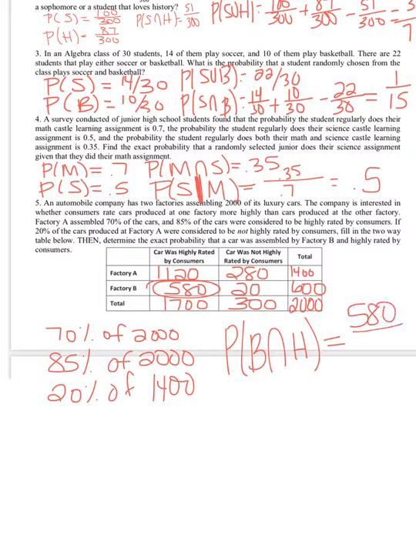And this is not a conditional, this is just an and, so it's out of the total. So 580 divided by 2,000, which ends up being 29 out of 100. This would be acceptable. Or you could also say 29%. All right?